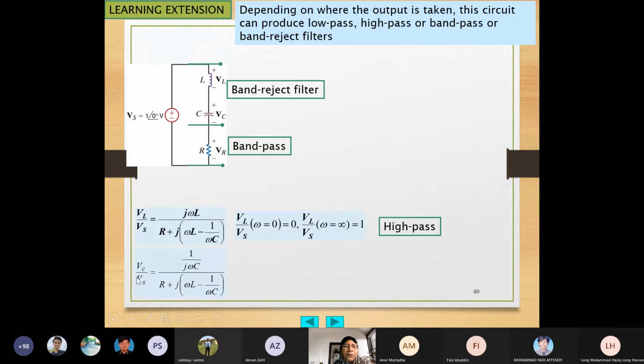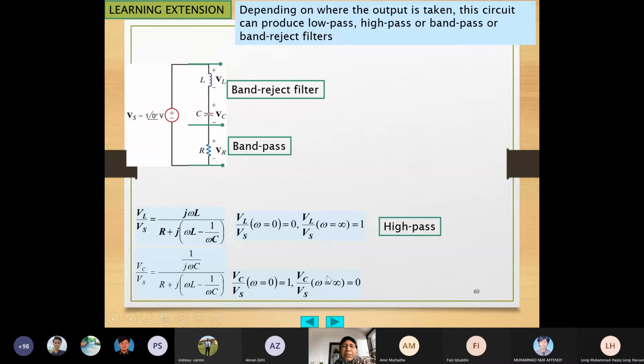Okay, when you measure across VC over Vs, the equation will be 1 over j omega C divided by 1 plus j omega L minus 1 over omega C. And when low frequency, DC signal, a capacitor can allow very low frequency, it produces output of 1.